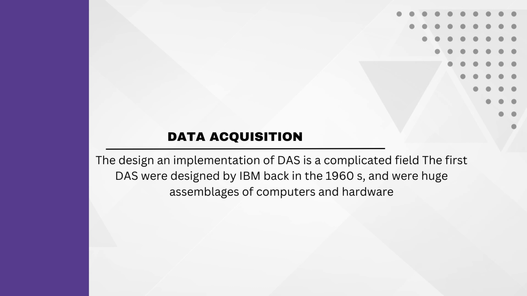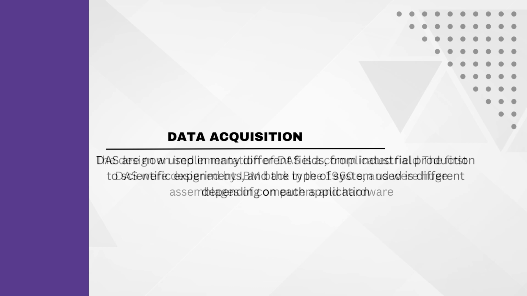The design and implementation of data acquisition system is a complicated field. The first data acquisition systems were designed by IBM back in the 1960s and were huge assemblies of computers and hardware. Data acquisition systems are now used in many different fields, from industrial production to scientific experiments, and the type of system used is different depending on each application.